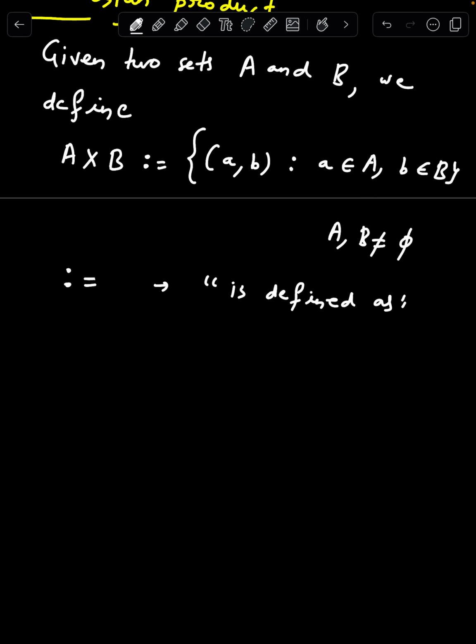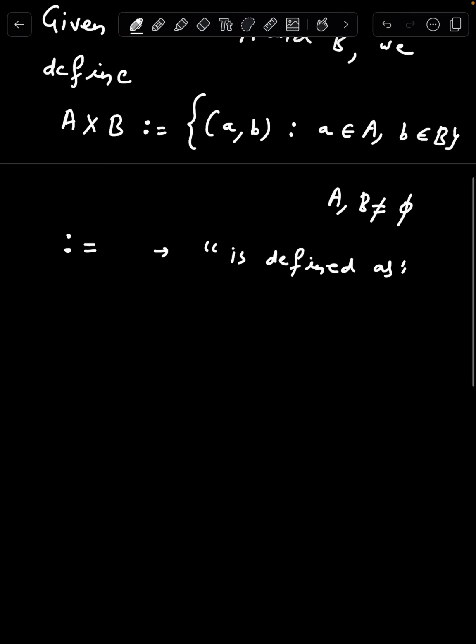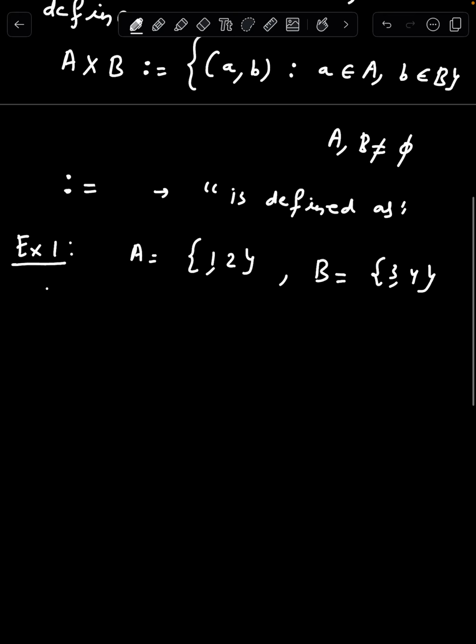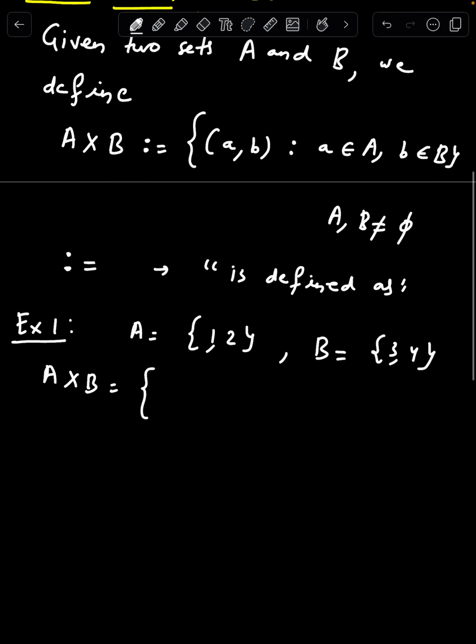Now let's take a few examples of this. So take A equals {1, 2} and B equals {3, 4}. Then A cross B is by definition the set of all couples such that the first entry comes from the first set and the second entry comes from the second.